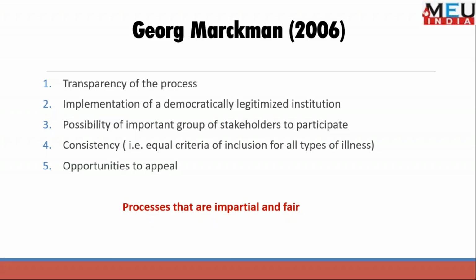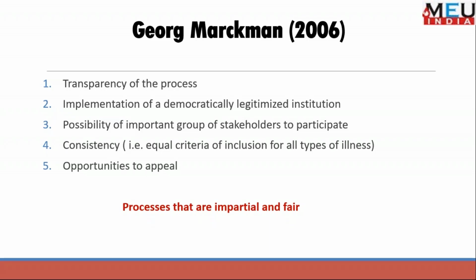So in that process of taking a decision, it should be transparent. When it comes to implementation, you have the authority to decide. But both of them should be involved in the decision making. There should be consistency, and both of them should be able to appeal for why they require the leave.